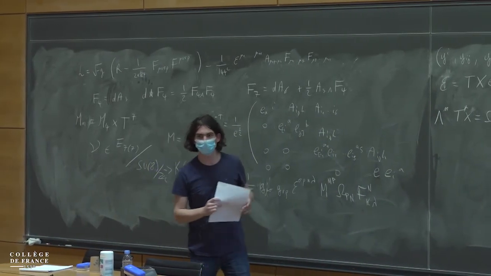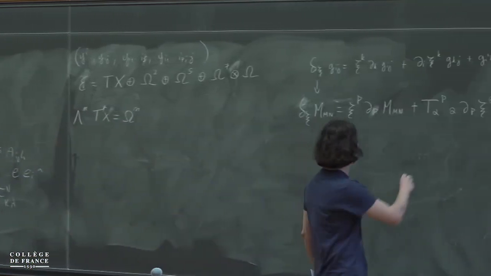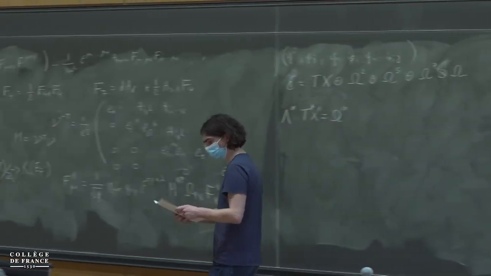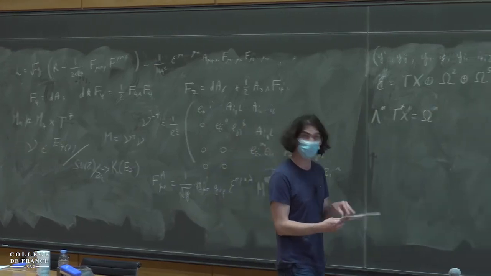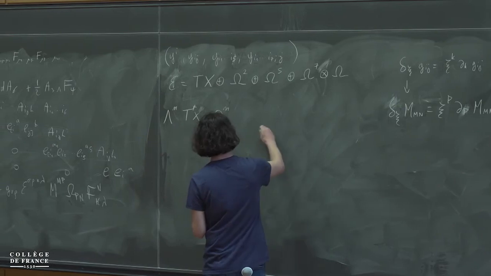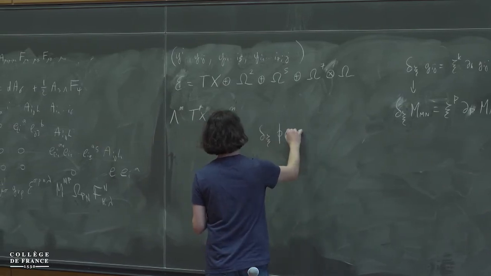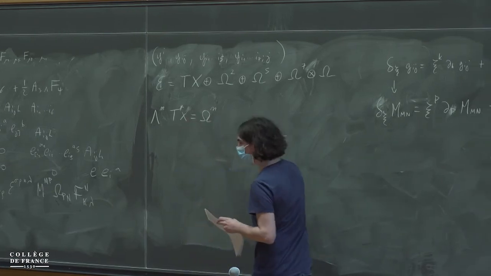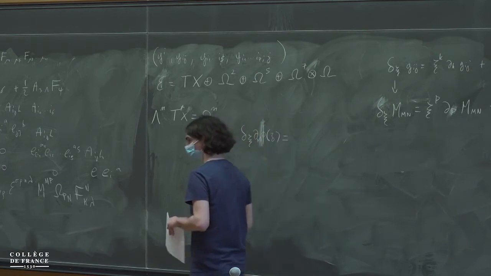So the question now is to make sense of this. Can you make sense of this notion of diffeomorphism? And one simple exercise one can do to see if it makes sense is that one would like to be able to derive a function. So if I derive a function, I want the derivative of the function, sorry, to transform as a diffeomorphism.